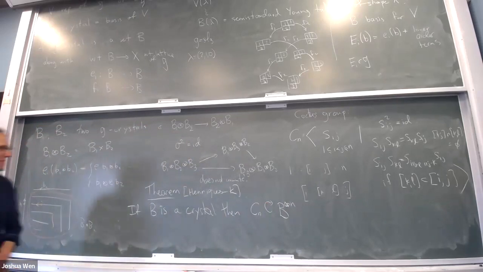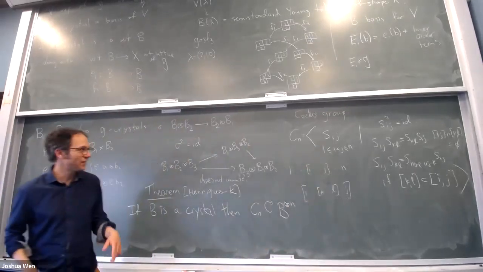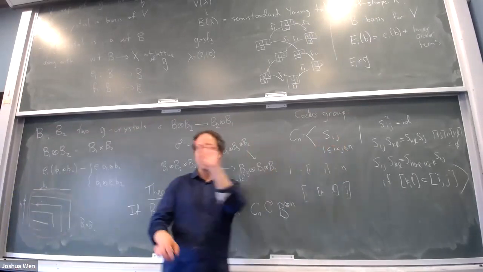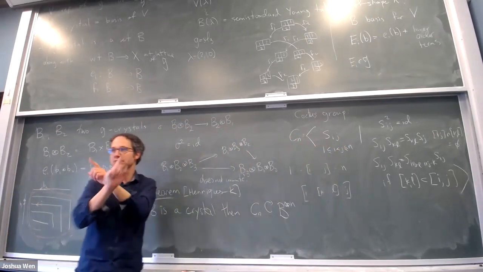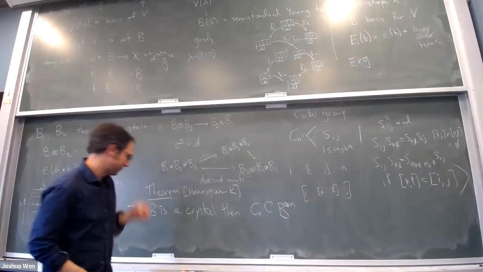It might not be super obvious at this point how these generators act, because only for i, i plus 1 does it just act by permuting the neighboring factors. A general element Sij acts in the following way.